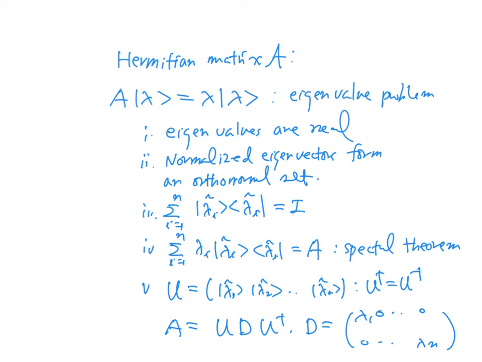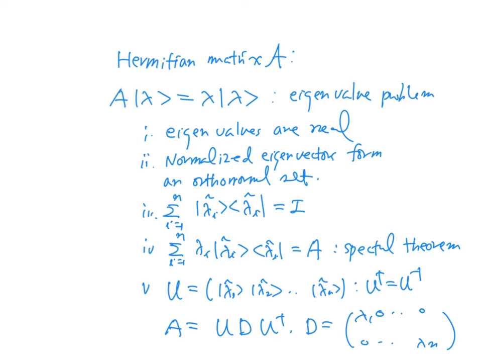So a Hermitian matrix has the following properties. This is a summary of what we have been doing so far. Say A is a Hermitian matrix. If we solve the eigenvalue problem for this Hermitian matrix, we find that the eigenvalues are real, and normalized eigenvectors form an orthonormal set. If we sum over the outer product, it gives the identity. If we sum weighted by the eigenvalue, it gives the original matrix, which is called the spectral theorem.